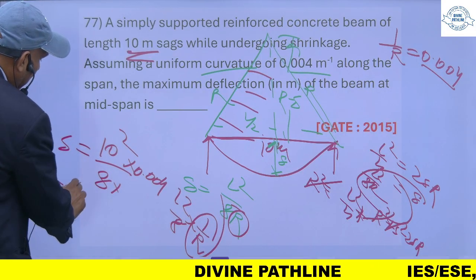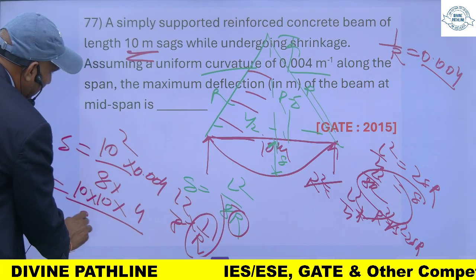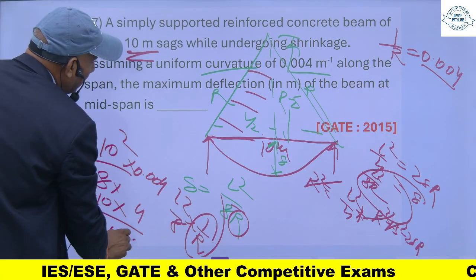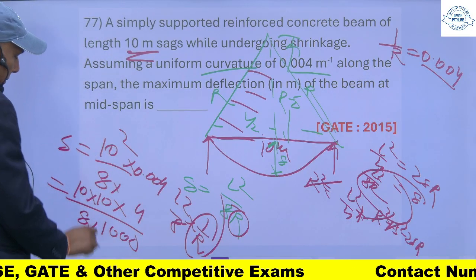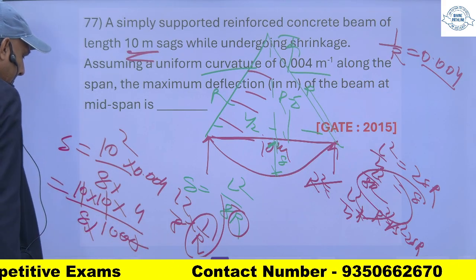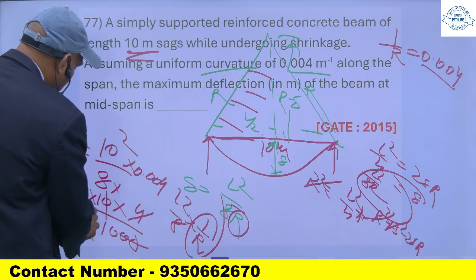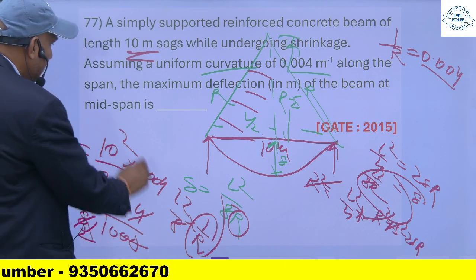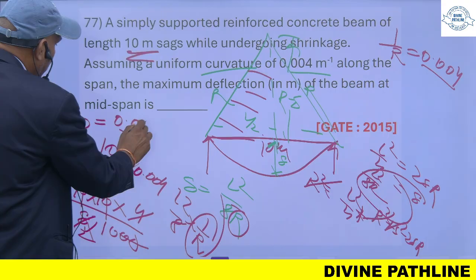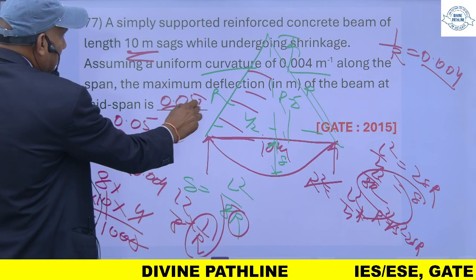So this will be 10 into 10 into 4 upon 8 into 1000. So this is 1 upon 20. 1 upon 20 is how much? 0.05. So 0.05 meter you will get.